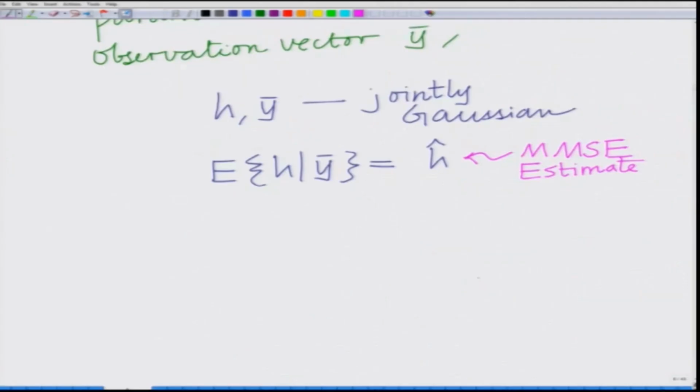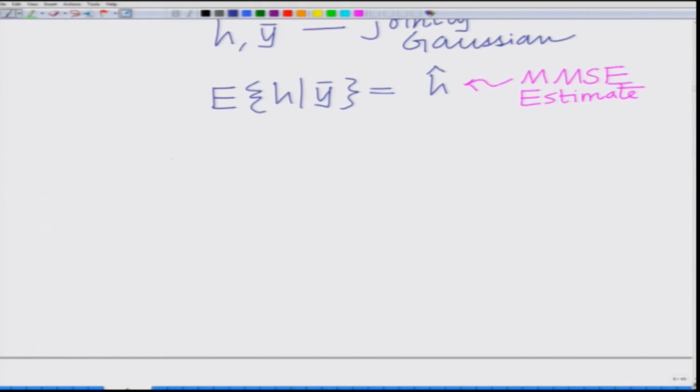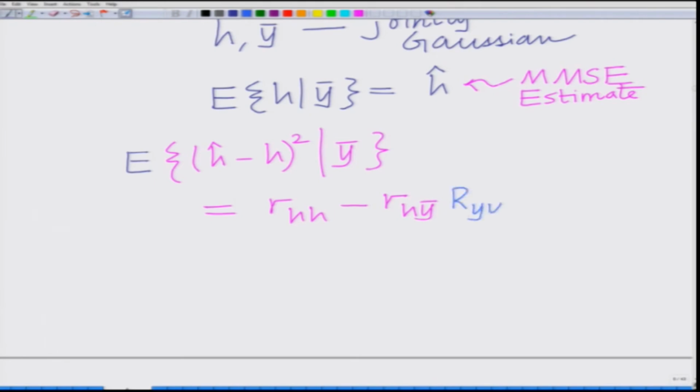Further, the MSE, the mean squared error, that is the expected value of h hat minus h whole square given y bar. I am not going to write this explicitly because the estimate is calculated only conditioned on the observation vector y bar. This is basically R_hh minus R_hy bar, the cross covariance, times the inverse of the covariance matrix, times R_y bar h.